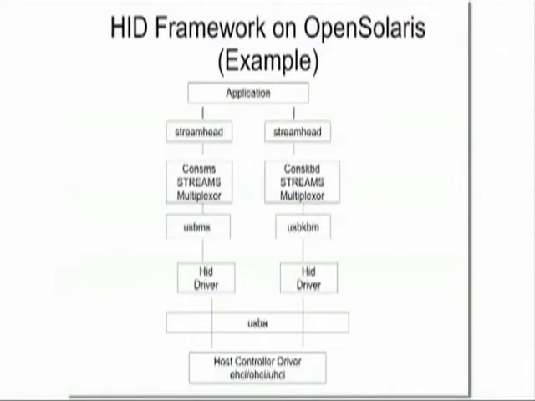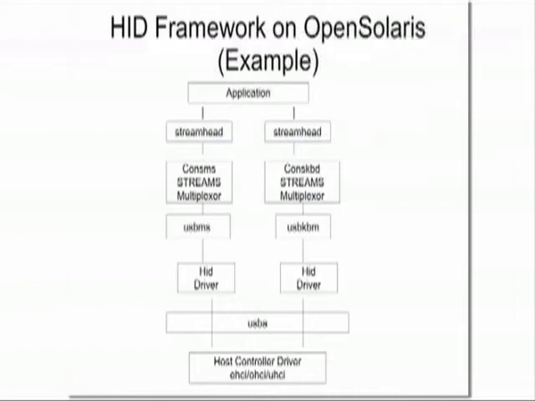Okay, on OpenSolaris. This picture shows a system that has one mouse, which happens to be USB, and one keyboard, which is also USB. Applications open up dev mouse and get an upper-level stream to the cons mouse multiplexer.